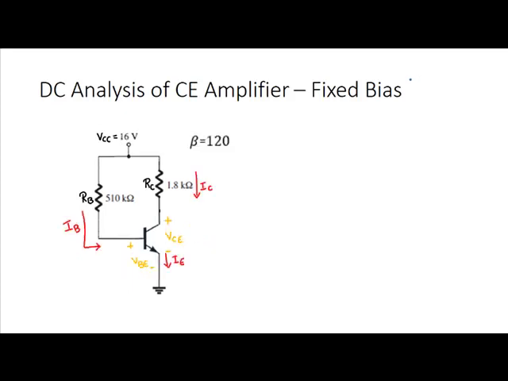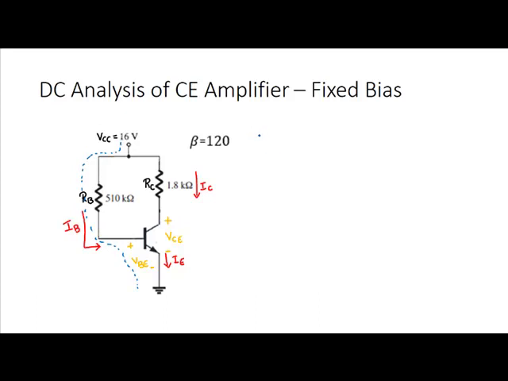With the currents and different voltages marked, let us first apply KVL to the input side loop. So I'll mark the path of the input side loop. It starts from VCC, goes all the way through RB, and it encounters VBE and all the way to the ground. So let me apply the KVL to the input side loop.